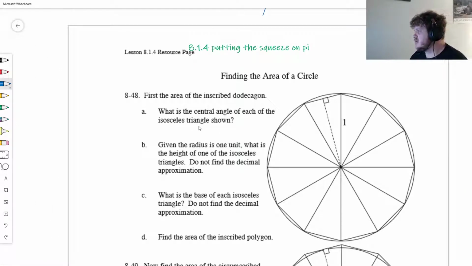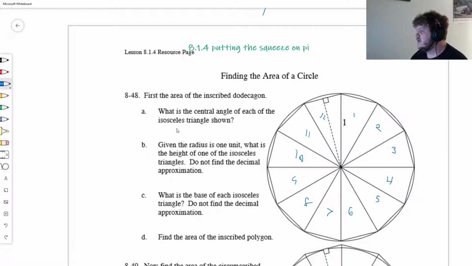And so we're squeezing pi, so if we think about it, there's 12 of them. Double check, you can count if you want: 1, 2, 3, 4, 5, 6, 7, 8, 9, 10, 11, 12.